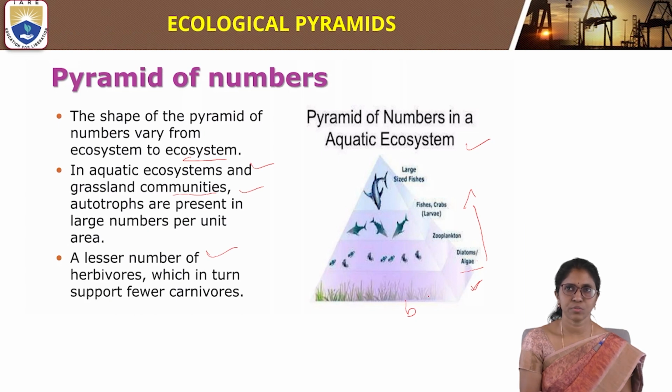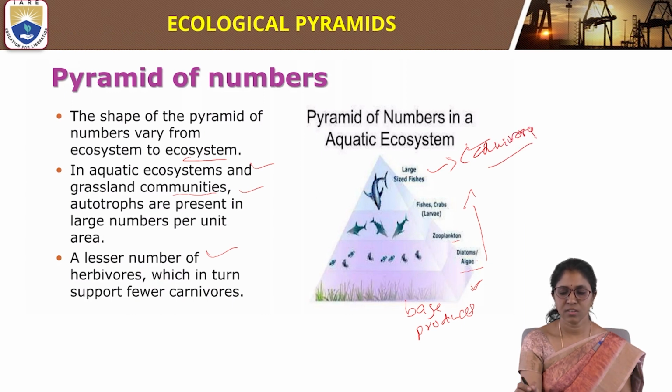After that comes zooplankton, then fishes and crabs, and then large-sized fishes, which are carnivores. So the base is occupied by producers, and the top by carnivores.